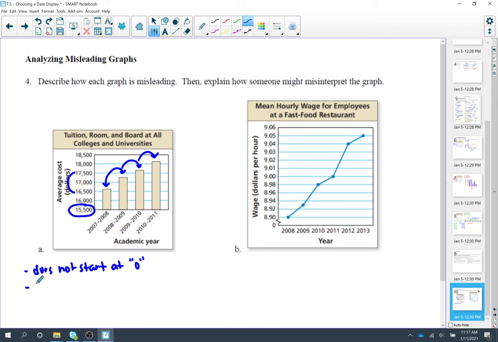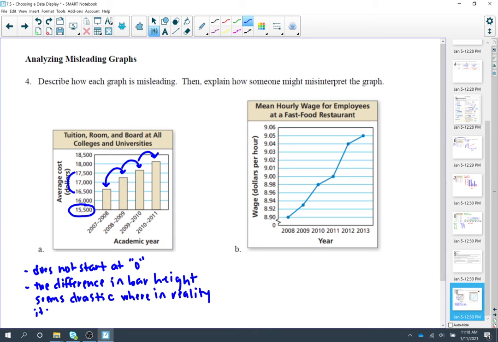So the difference in bar height seems drastic, meaning a lot, where in reality it's not even $1,000.